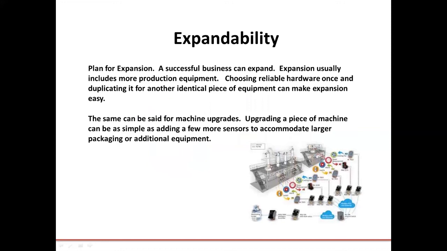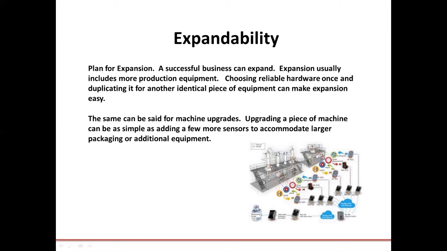Okay, expandability. I briefly talked about that, but plan for expansion when creating a data acquisition system. A successful business can expand very easily. Expansion usually includes more production equipment. Choosing reliable hardware once and duplicating it for identical pieces of equipment can make expansion easy.